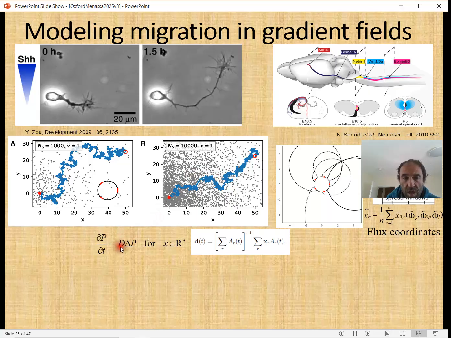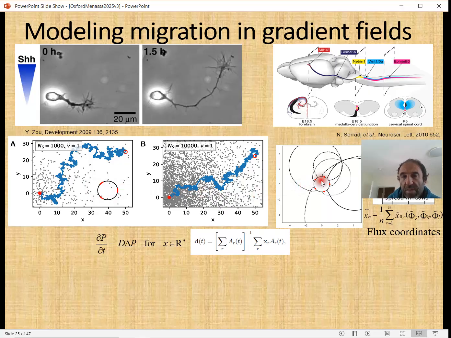Usually the gradient is generated by diffusion, and the cell motion accounts for the amount of receptors that are being activated in one of these windows, and thus this allows measuring the concentration in one direction, and being able to sense whether in one hemisphere of the cell you have more molecules than the other, and in that case you are directed toward this direction.